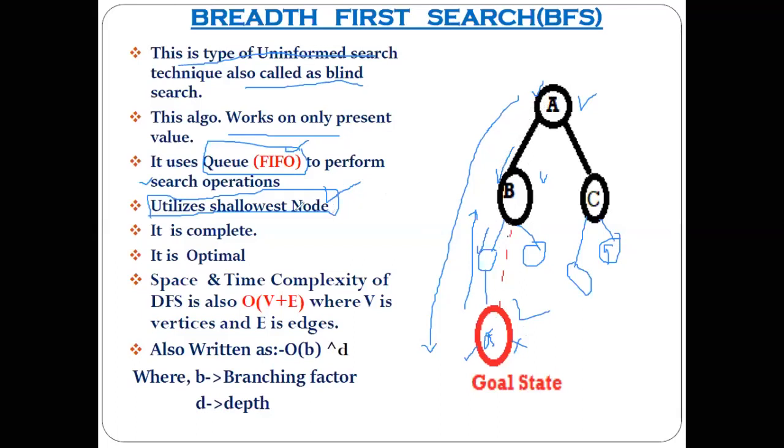Now in case of the breadth first search, we are choosing the shallowest node. If you start from this root node, you will NQ this node on the queue. Then after this, which node will you select? If you choose this direction, you will choose the B node, correct?